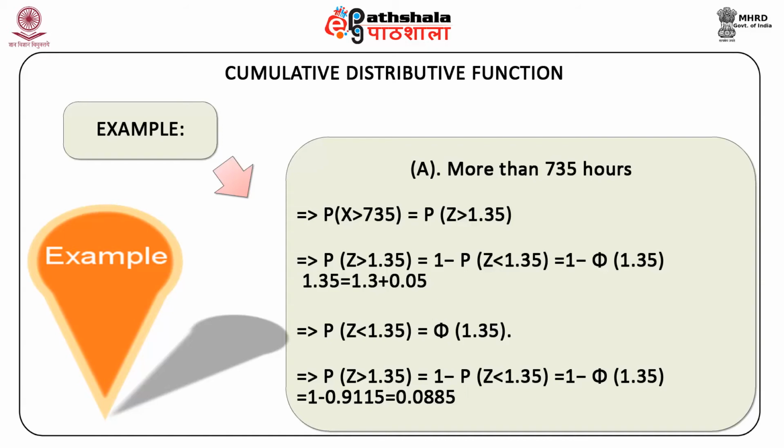Therefore, the probability that z is greater than 1.35 is equal to 1 minus phi of 1.35, which is equal to 1 minus 0.9115, which is equal to 0.0885.